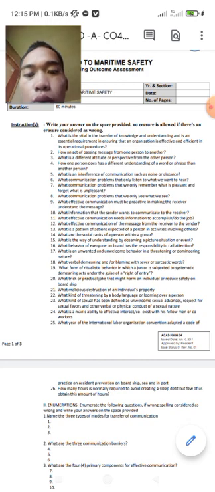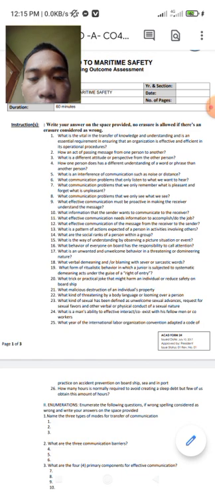So number 22, what kind of threatening body language or looming over a person? That kind of threatening is physical threatening.